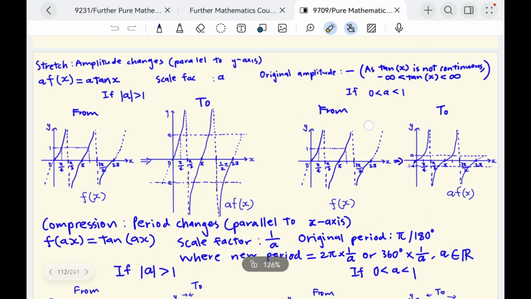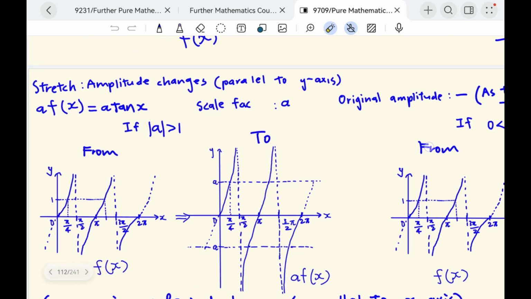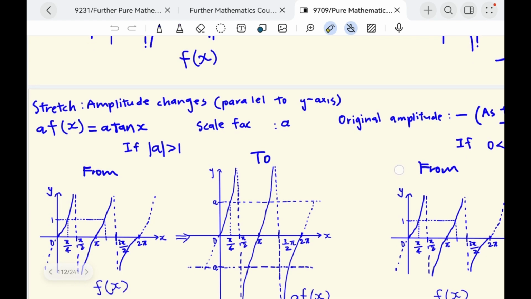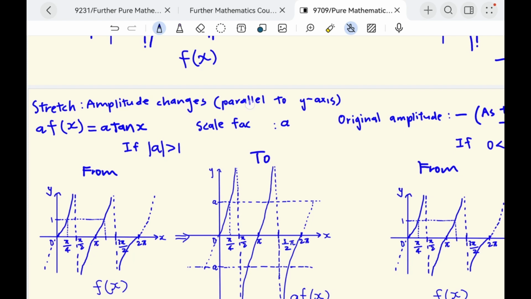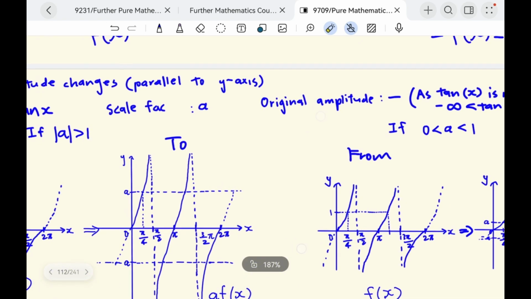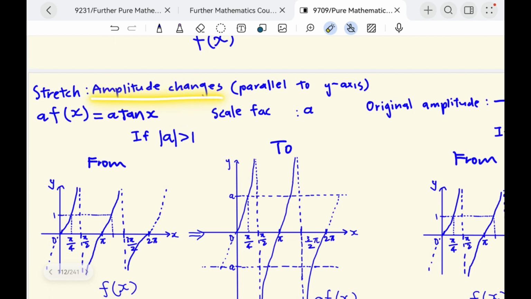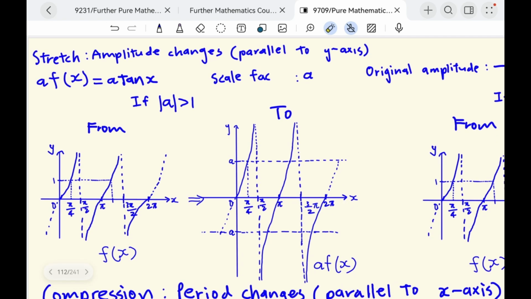So let's proceed to the last transformation for the tangent functions. Okay, apologize that there is a spelling mistake over here, but as long as you understand this. So for the amplitude change, which is the stretch parallel to the y-axis or in the y direction, a is the scale factor.